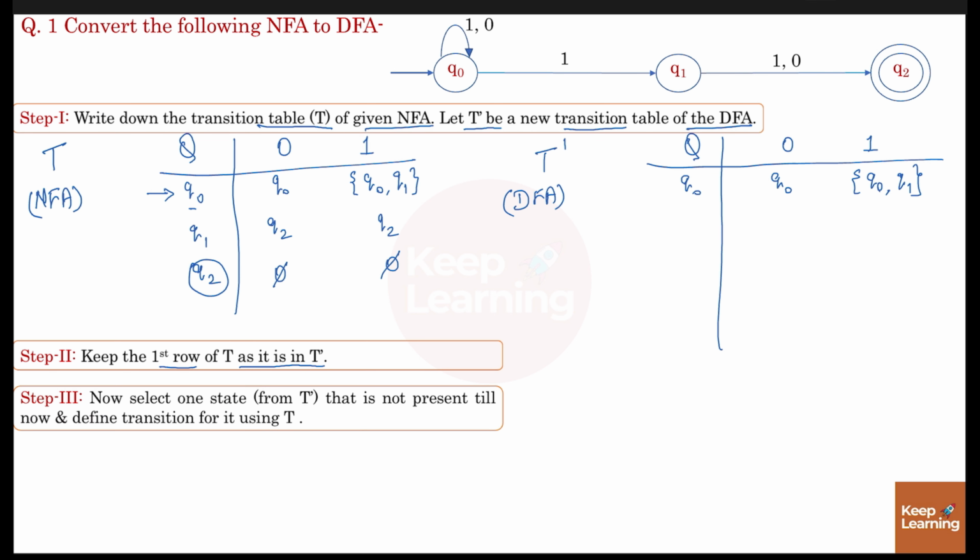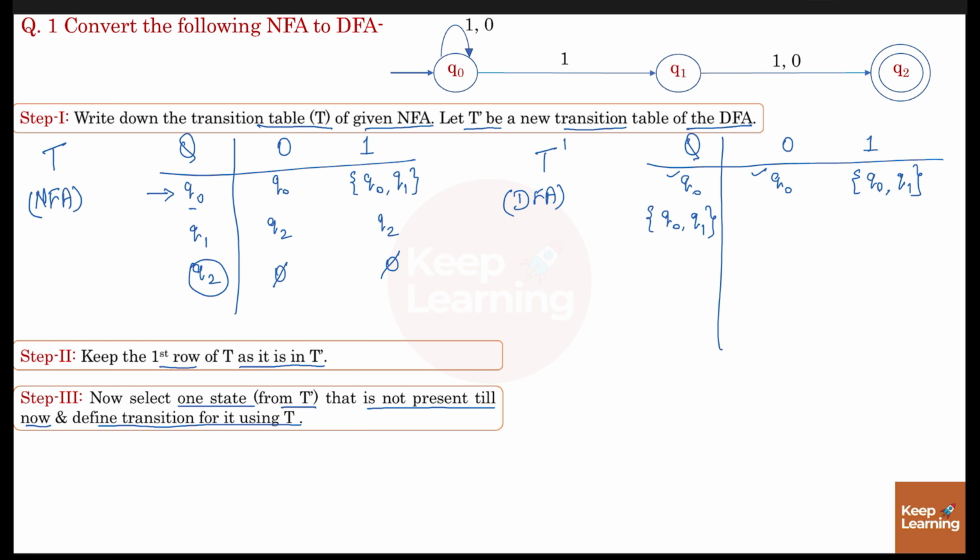Next step is to select one state from T dash that is not present till now and define transition for it using T. So here Q0 is defined, and Q0, Q1 is our new state which is not present here.